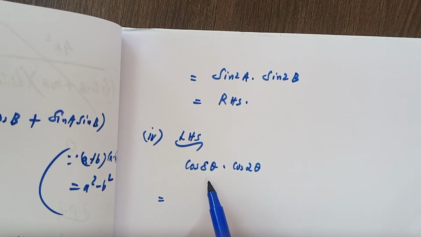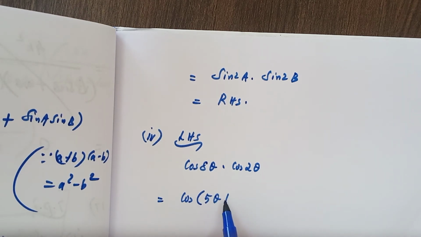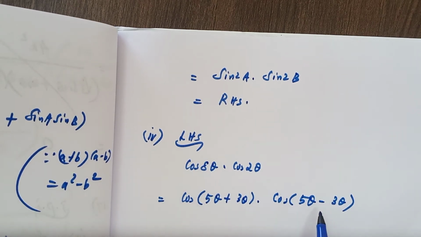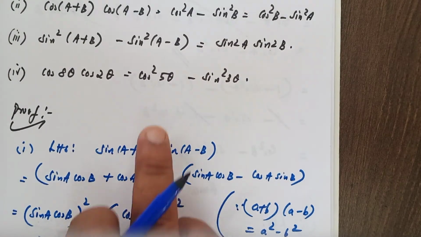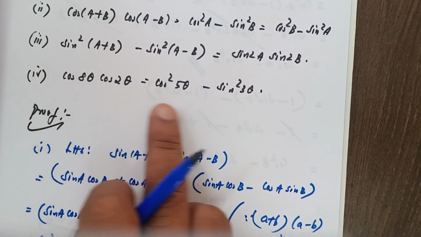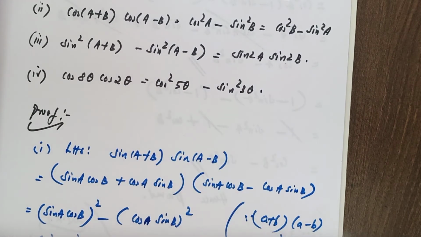I write 8 theta and 2 theta as cos of 5 theta plus 3 theta into cos of 5 theta minus 3 theta. 5 theta plus 3 theta, that is 8 theta. 5 theta minus 3 theta, that is 2 theta. Why am I considering 5 and 3? Look at that RHS. We have 5 theta and 3 theta only, so I have taken 8 theta as 5 theta plus 3 theta and 2 theta as 5 theta minus 3 theta.